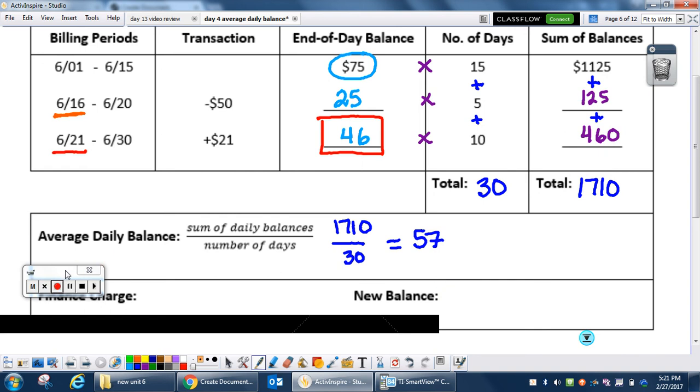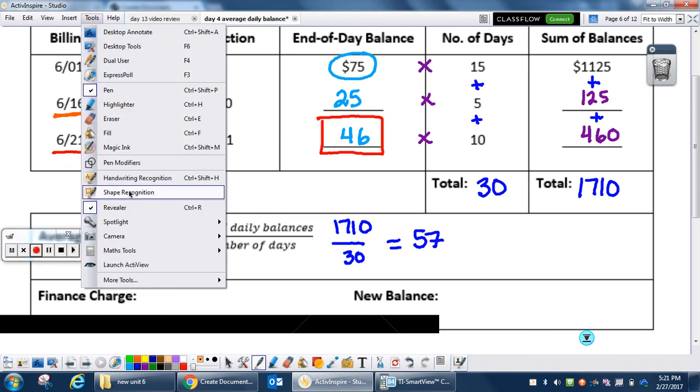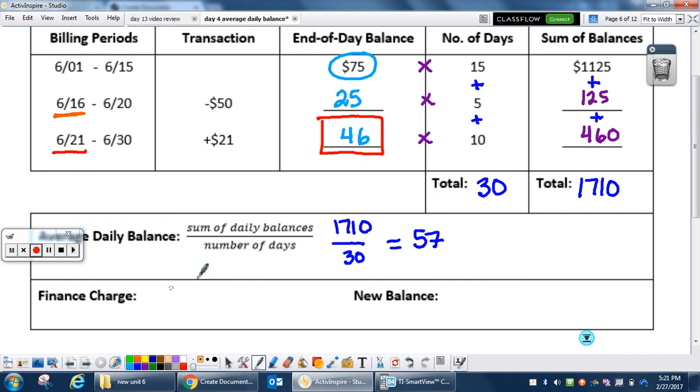Okay, so now what you really have to do is calculate the finance charge. And now remember, the finance charge is the average daily balance, which is 57, times the rate. And they gave us that rate of 1.5, which is 0.015, which gets you to 86 cents.